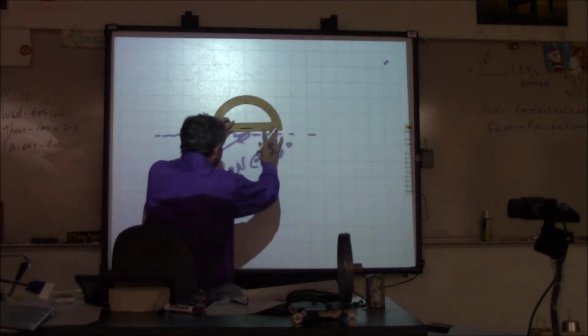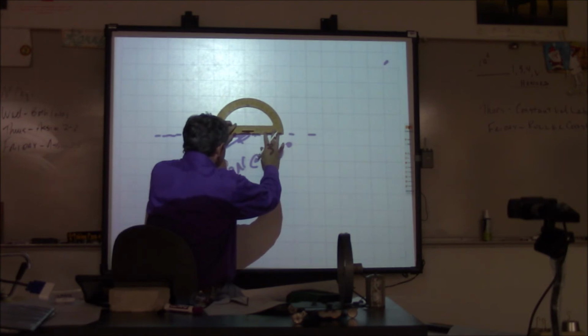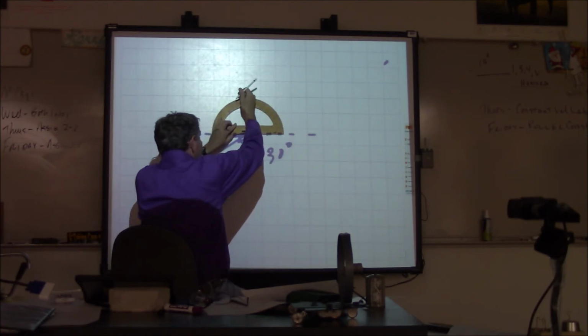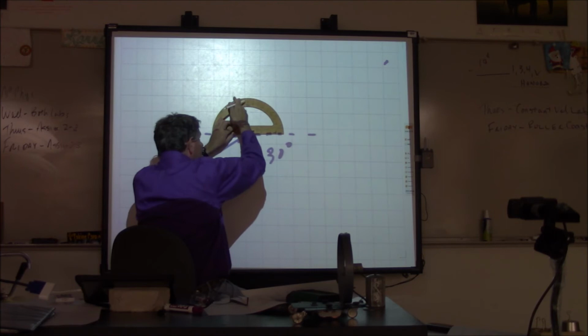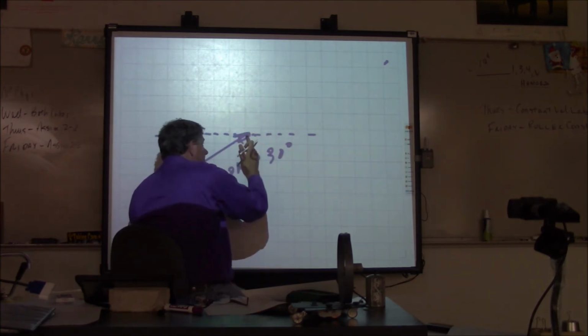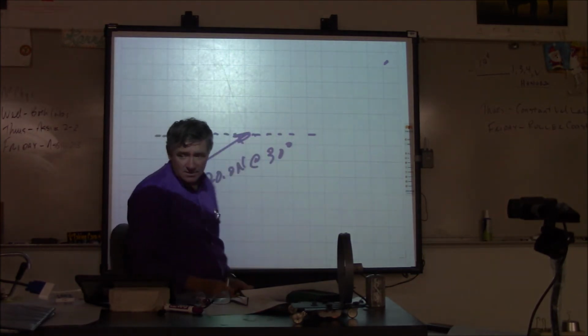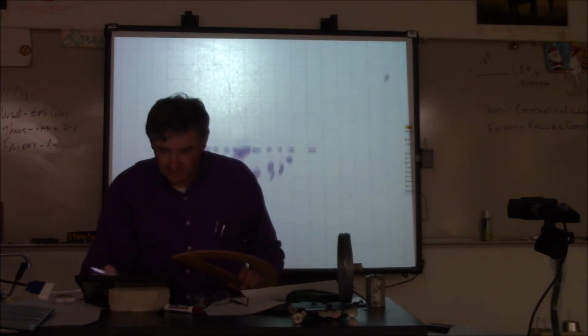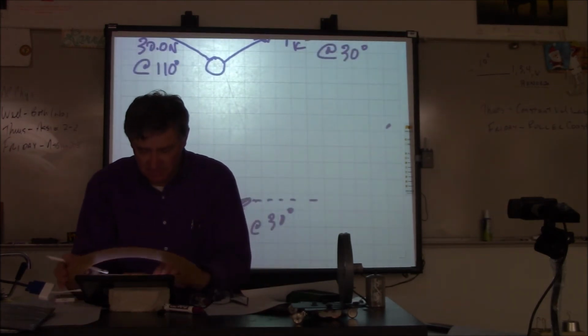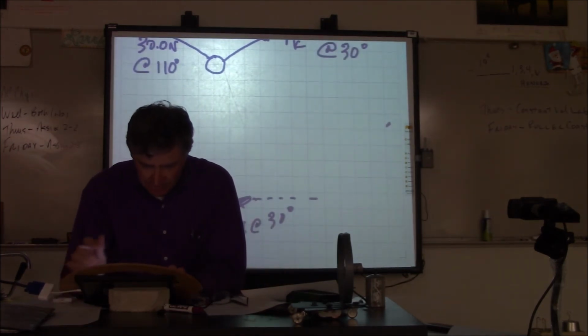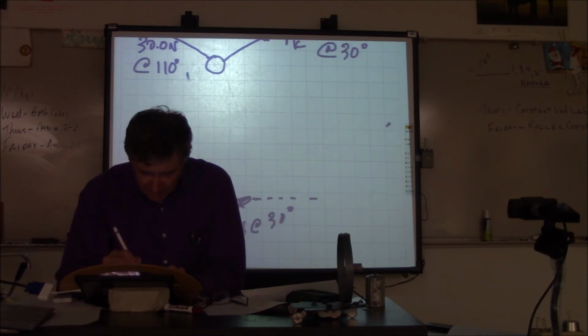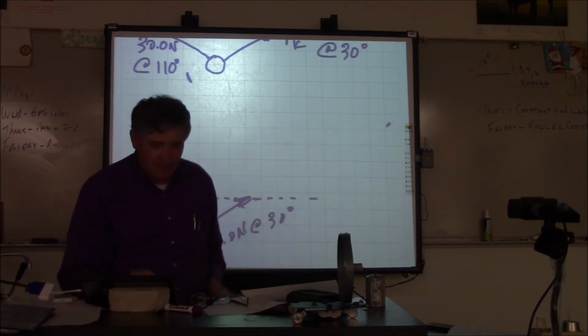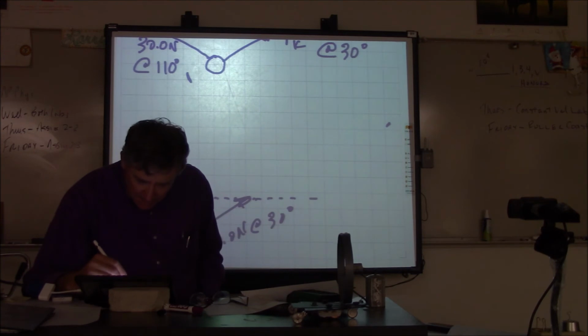So you're going to come in here and you're going to put your protractor like this, and you're going to measure up 110 degrees and you're going to put a mark, okay, right there. And then you're going to draw that vector. So that's what I'm going to do, okay? So trust me on this one. Even though you can't see it, this is what I'm doing. Okay, so there's my mark. And then I'm going to draw that.